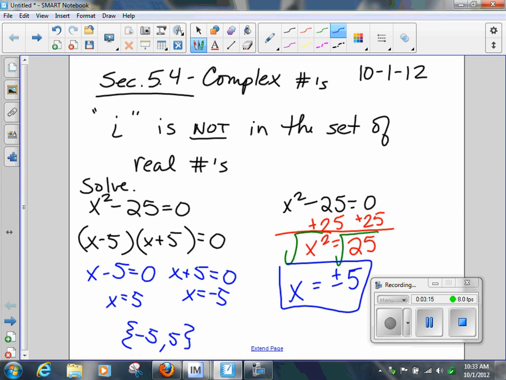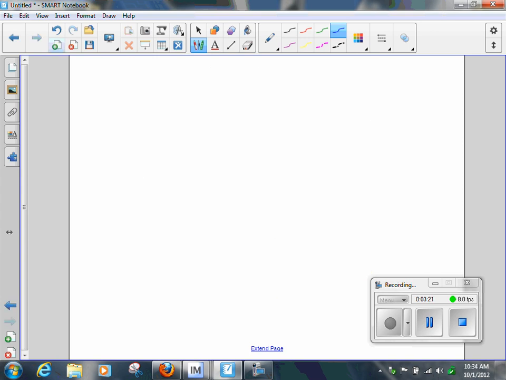Okay? Now, if I were to change this around and say, solve x squared plus 25 equals 0. First of all, can you factor x squared plus 25? No, it can't be factored.